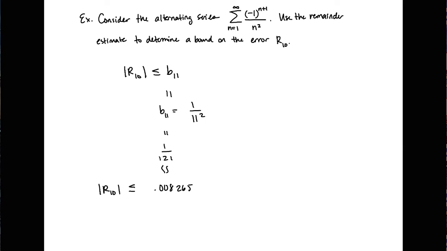And very few other series can we actually figure out what exactly the sum is. So because we frequently don't know exactly what the limit of the series is, we can't say exactly what the remainder is.